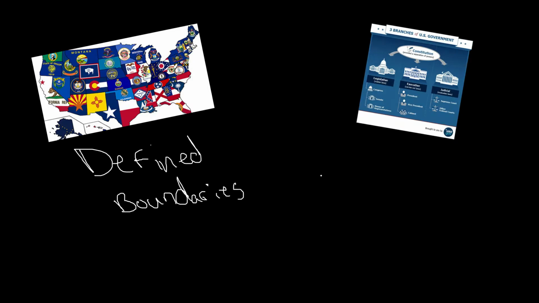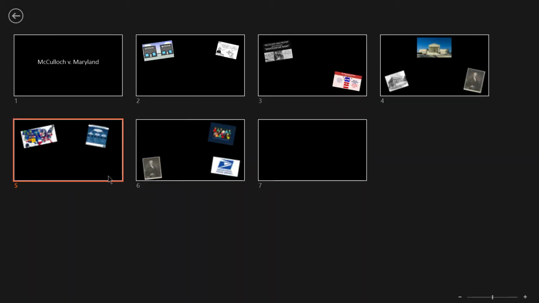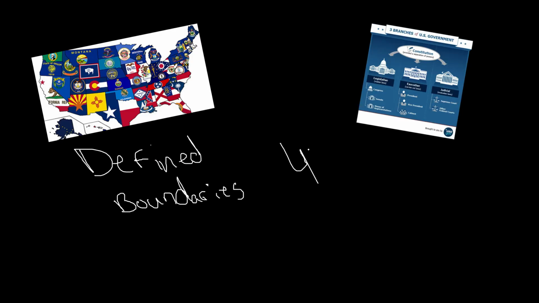Now, this is important because at this point, the U.S. is only 43 years old. In the scope of things, it's still pretty young. It's still a baby, right? It's still getting used to working within the confines of the Constitution.